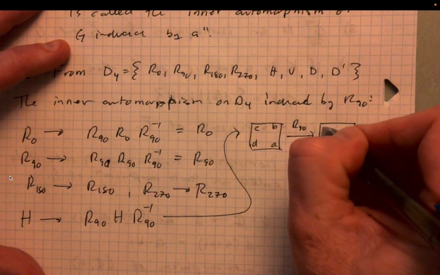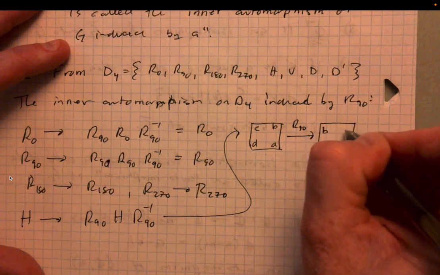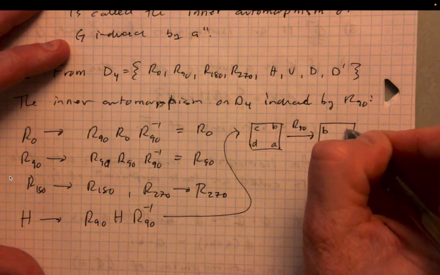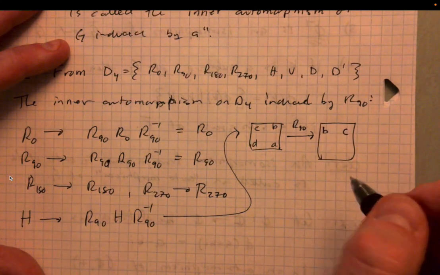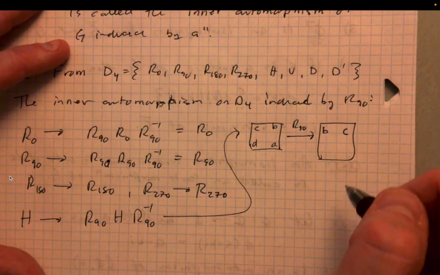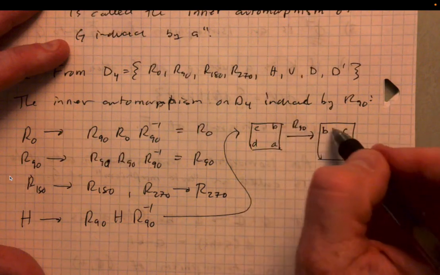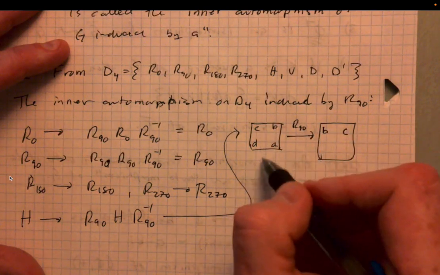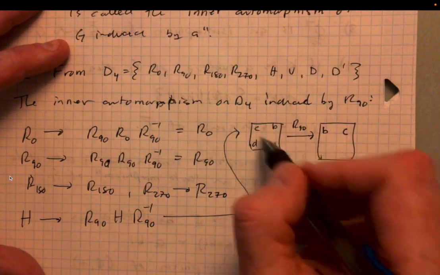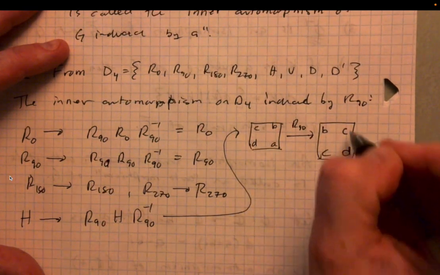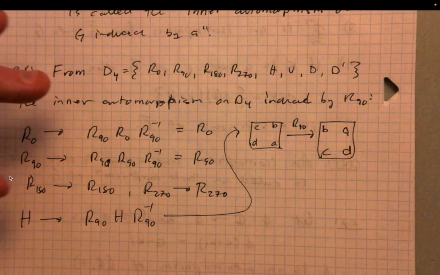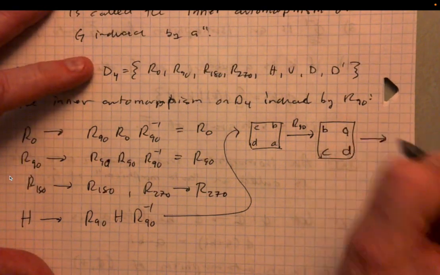So this becomes B, C, let's see here. Wait. Hold on a second. So 90-degree rotation. Yeah, so B, C, D, A. Okay. And then I do a horizontal flip.